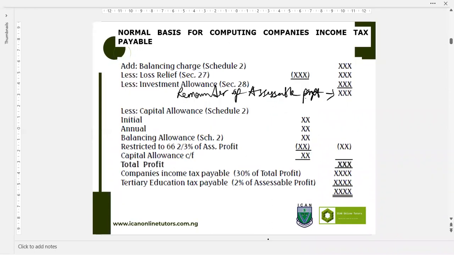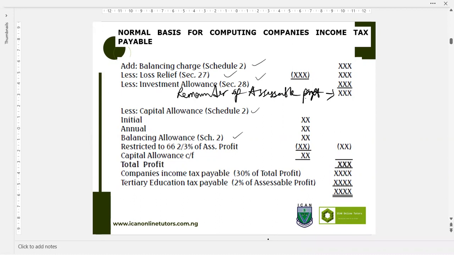Then the assessable profit, which is usually known as the adjusted profit, okay, is before adjusting or considering balancing charge, loss relief, investment allowance, capital allowance, balancing allowance and the likes.